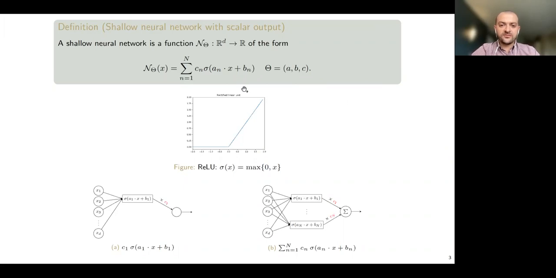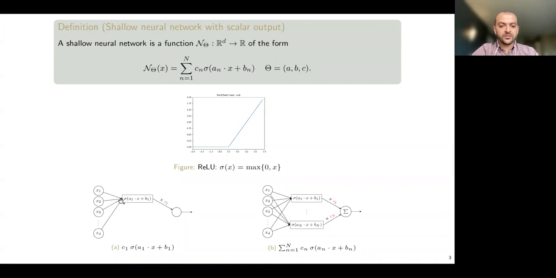The sigma function here is the ReLU activation function, which has the following form. It is 0 up to 0, and then it is the y equals x function for x bigger than 0. Pictorially, this looks something like this.